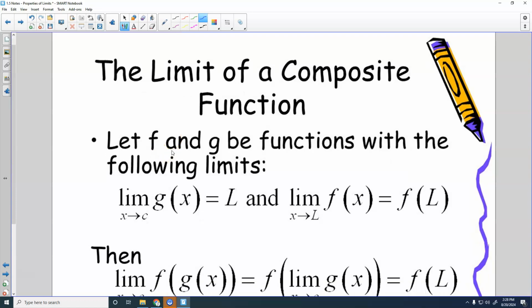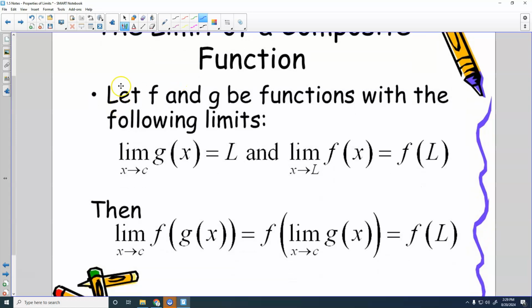Let's talk about limits of composite functions, okay? So composite functions is whenever you're taking one equation and plugging it into the other equation. So that's like our f of g of x stuff. We did some of that in pre-cal, and you do a little bit in Math 3 as well. So it's when you take like your f of x and plug it into your g of x.